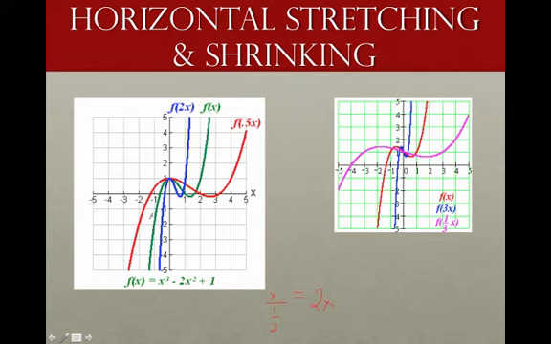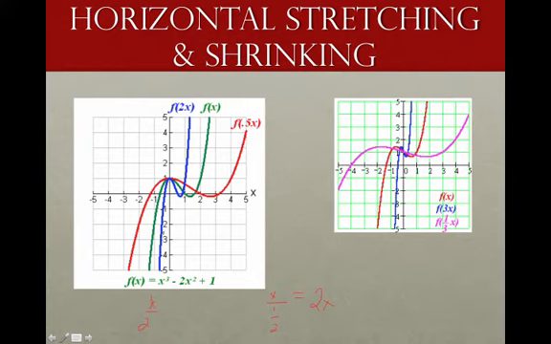It's making it wider. Whereas with the blue function, my x's are getting divided by 2, so my x's are getting halved. It's actually a horizontal shrinking, or a vertical stretching. This blue graph is going up faster.